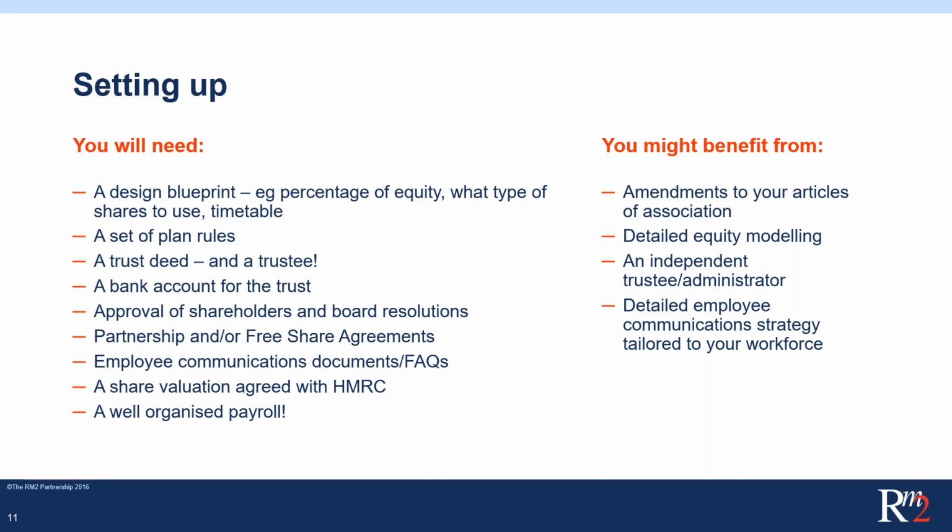You also need a share valuation agreed with HMRC, especially if you're a private company. It's increasingly difficult to get HMRC to agree a private company share valuation, but they are currently required to do so for the launch and award of shares under an employee share scheme like the SIP.